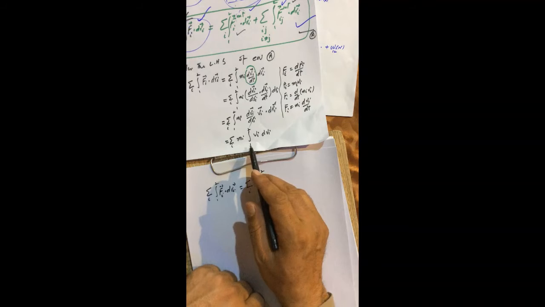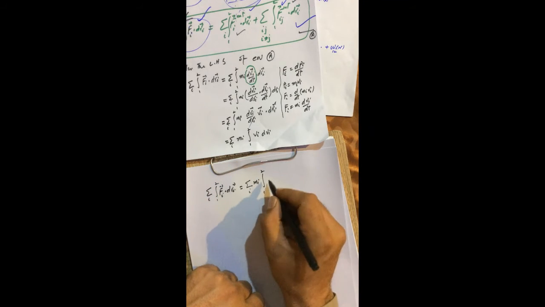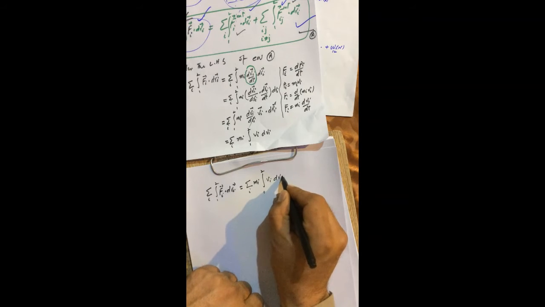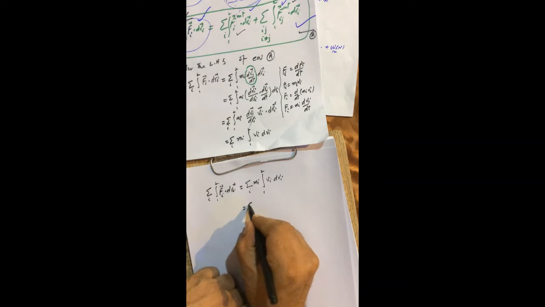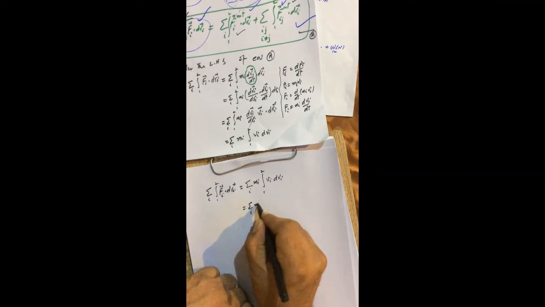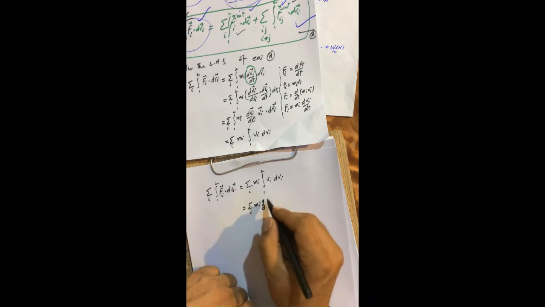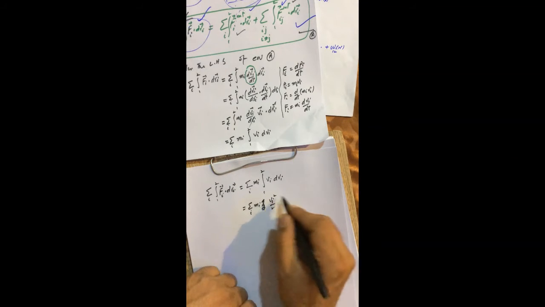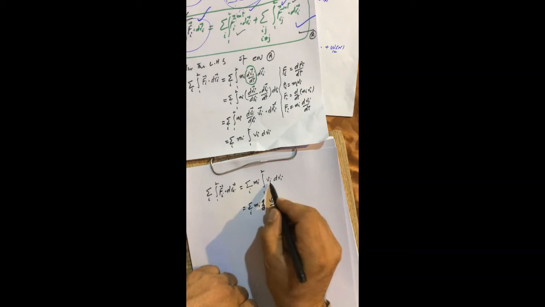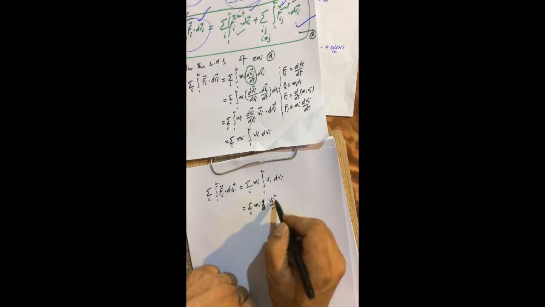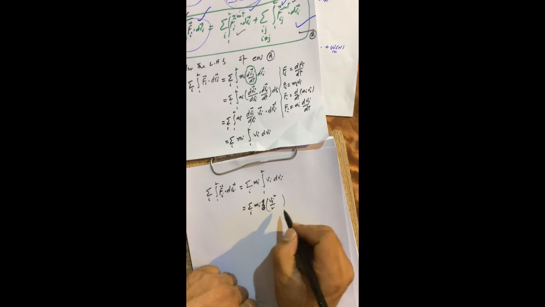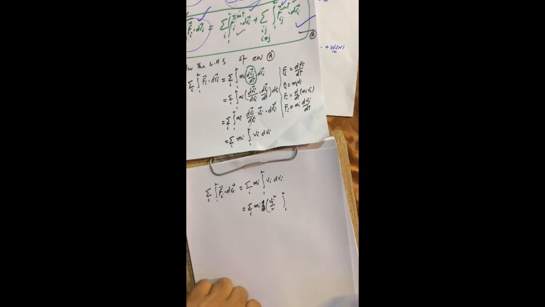So now I will apply the integral. If I apply the integral to this vi dvi, we get vi square over 2, and then the limits of the integral are from 1 to 2.